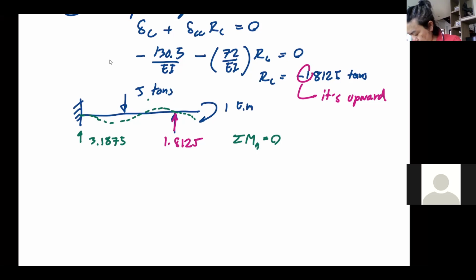Now you can also do this very straightforwardly by, okay, it's 5 multiplied by 3 plus 1 minus 1.8125 multiplied by 6.